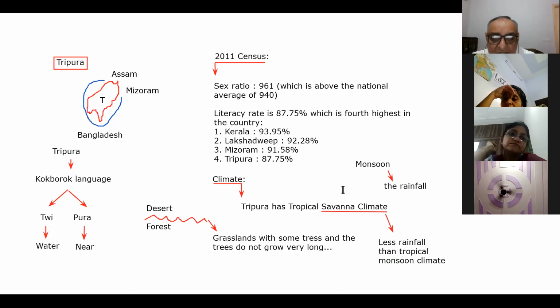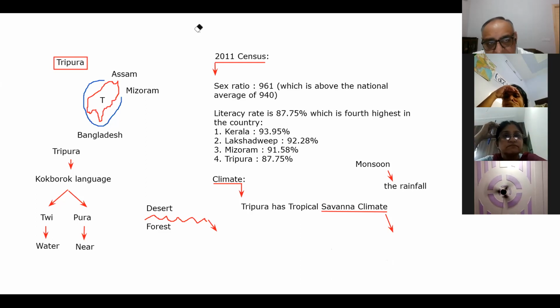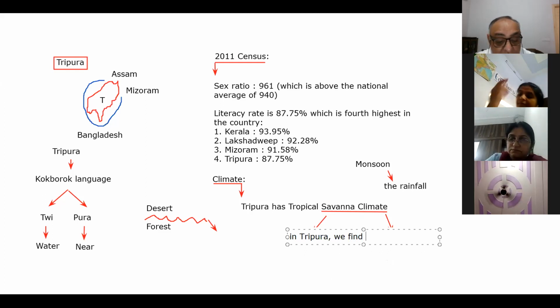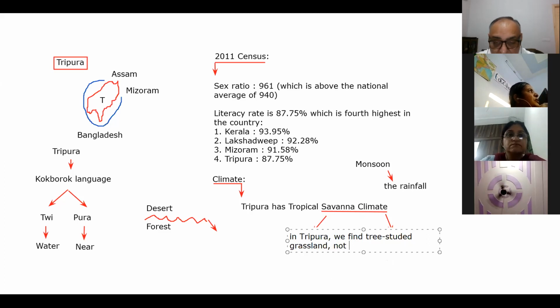They are mainly grasslands, not thick forests, but the grasslands are studded with trees here and there. So in Tripura we find tree studded grasslands, not thick forests.